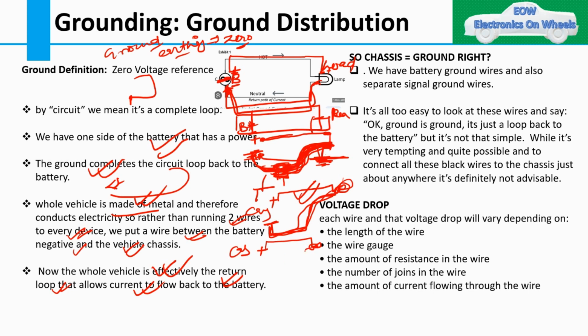But for ground, I just ground on the vehicle chassis near that load, so I am not required to run a wire from the battery positive back to here. If you do, the cost will increase. We will discuss these pros and cons, and from there the concept of one wire and two wire comes into the picture. I will explain in detail in the coming slides.